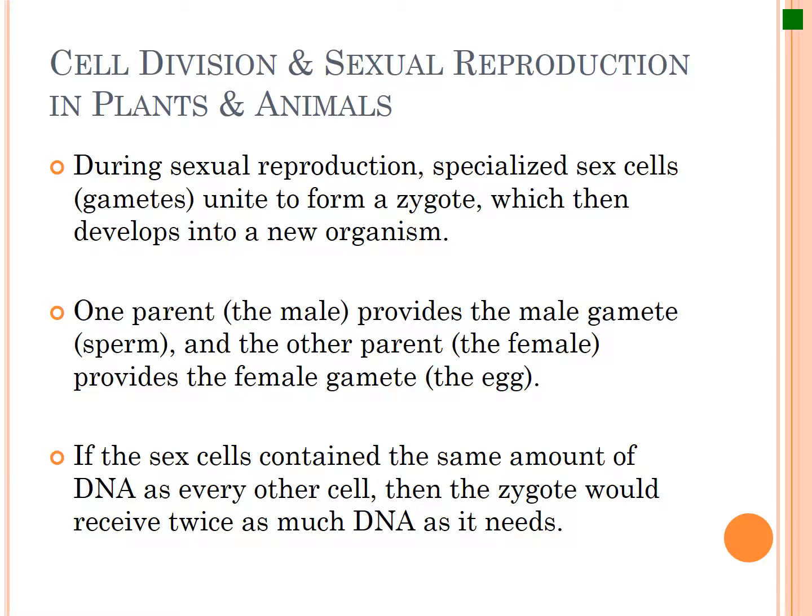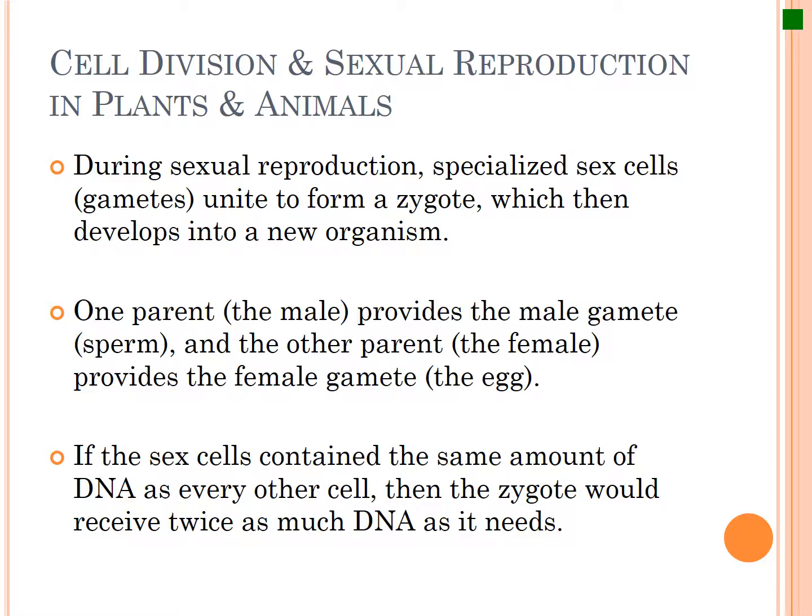During sexual reproduction, specialized sex cells called gametes, which we talked about in the last section, unite. One gamete would be a sperm cell, and another would be an egg cell. The sperm fertilizes the egg to form a zygote, which then develops into a new organism. One parent, the male, provides the male gamete, and the other parent, the female, provides the female gamete.